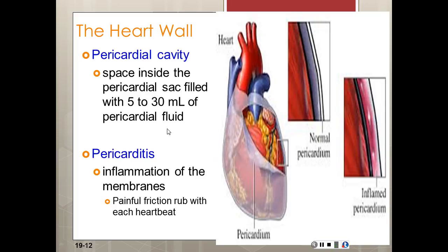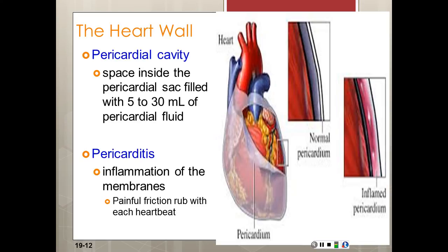And here is the pericardial cavity. This is that space between the parietal and the visceral membranes, and it's filled with approximately 5 to 30 milliliters of pericardial fluid. Now, if there's inflammation with those membranes, that's called pericarditis, and that's when the membranes will produce a very painful friction rub with every heartbeat.